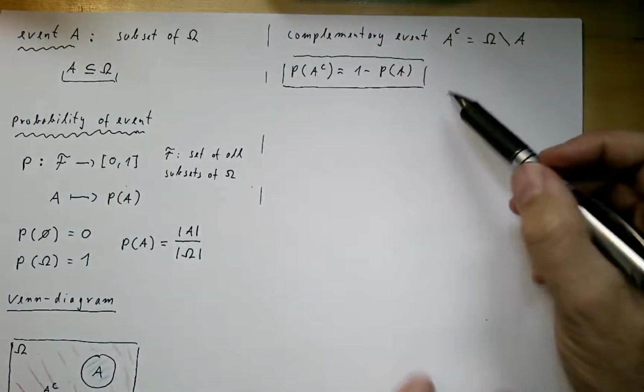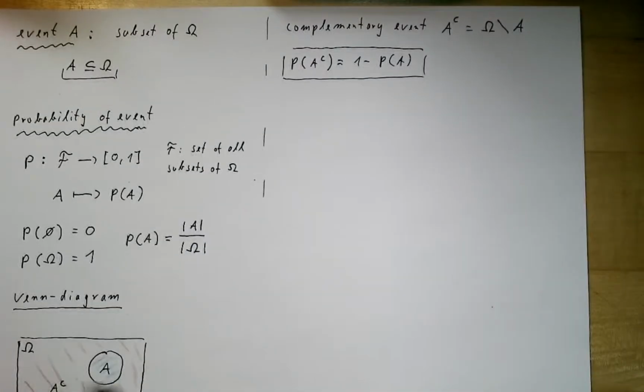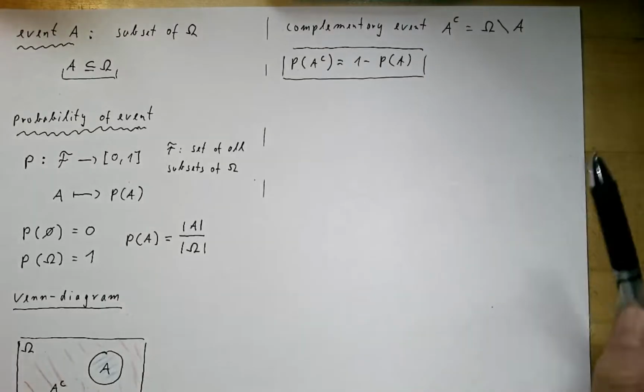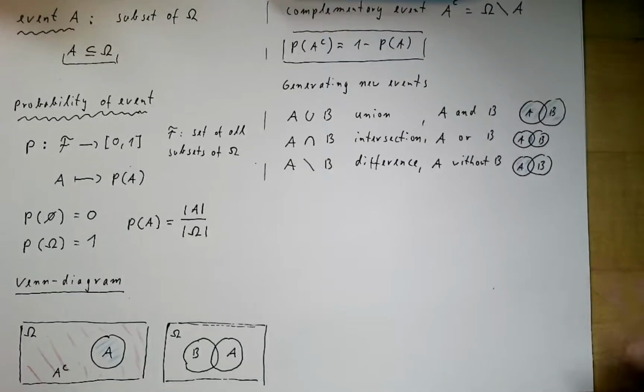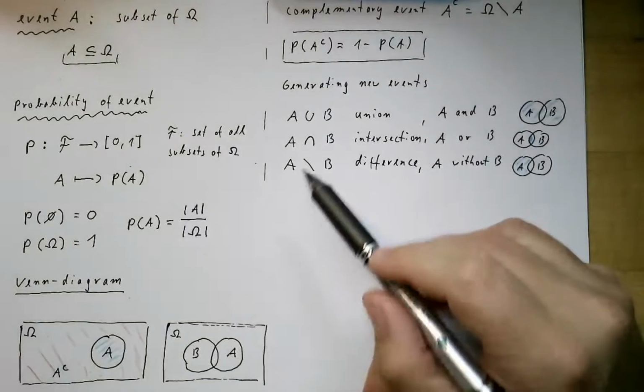And with such rules, you can have different events, and then you can define all kinds of operations with them. And now there are all kinds of rules for how to generate new events. Assume you have two events A and B in our sample space, and there might be an overlap. And now we have different ways to combine these events.